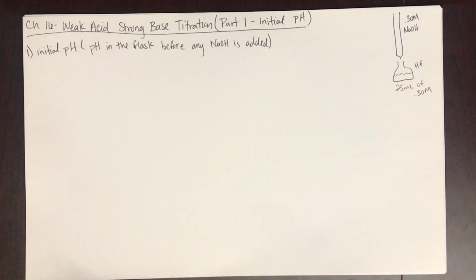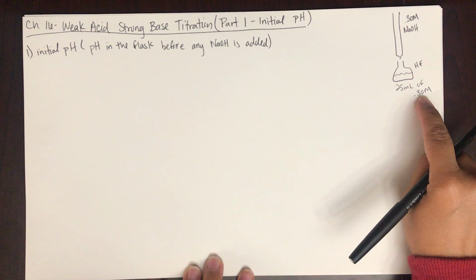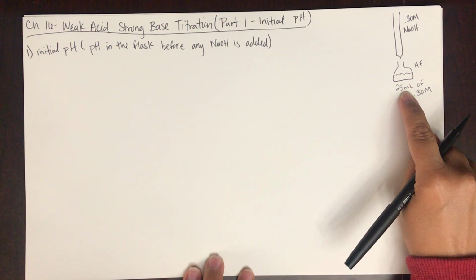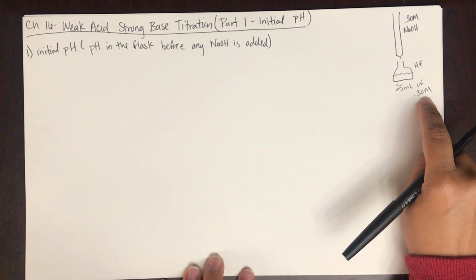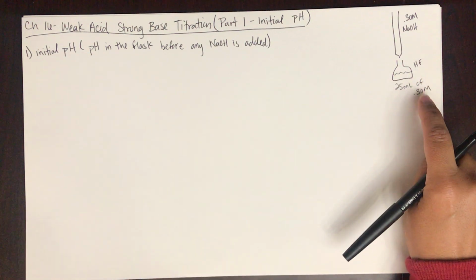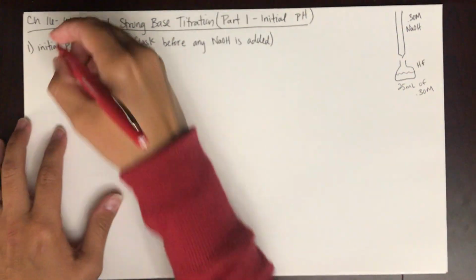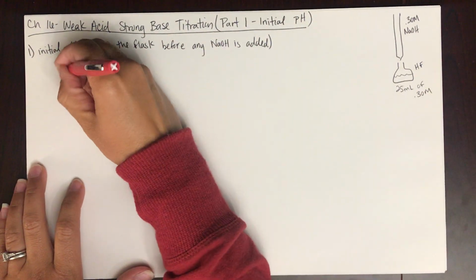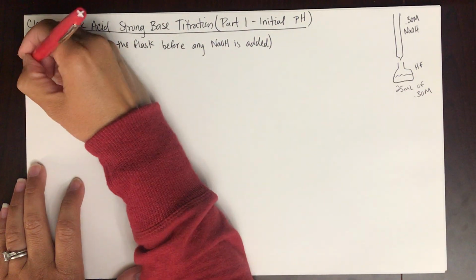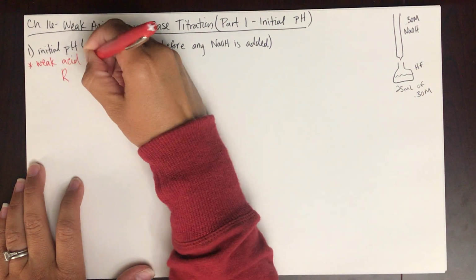To solve for the initial pH, we just want to know what is the pH inside this flask, and we have the initial concentration of hydrofluoric acid. We don't need to do anything with the volume because we have the concentration, and we are not changing the volume. When we start changing the volume, then we will need to change things. So let's write our equilibrium table, because all we are doing here is a weak acid ionization.